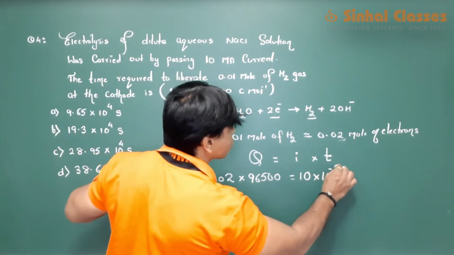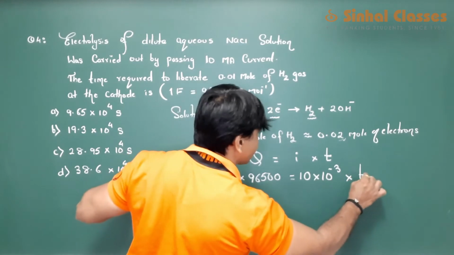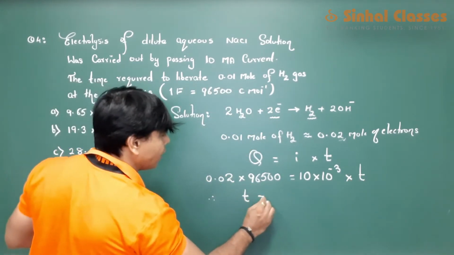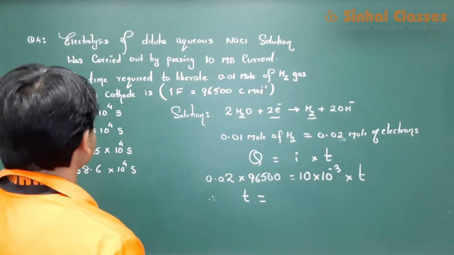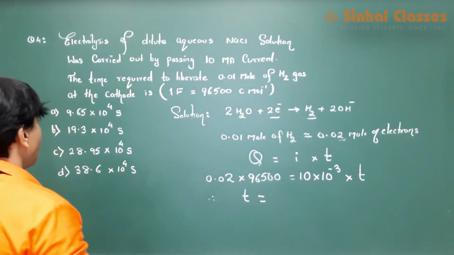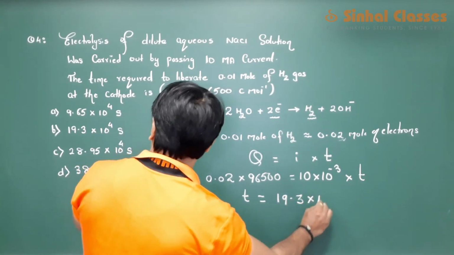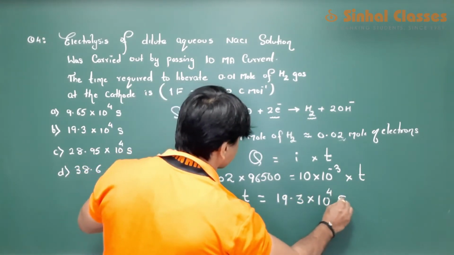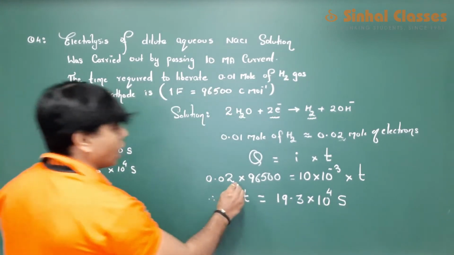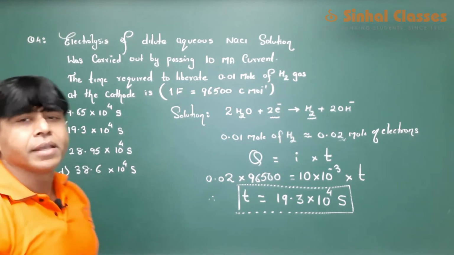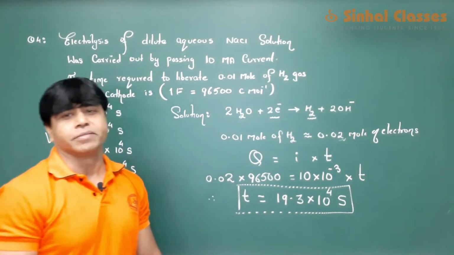So it will be 10 raised to minus 3 into T. So therefore time will be, just need to solve this and you get your answer as 19.3 into 10 raised to 4 seconds. So your answer for this question is option B is the correct answer.